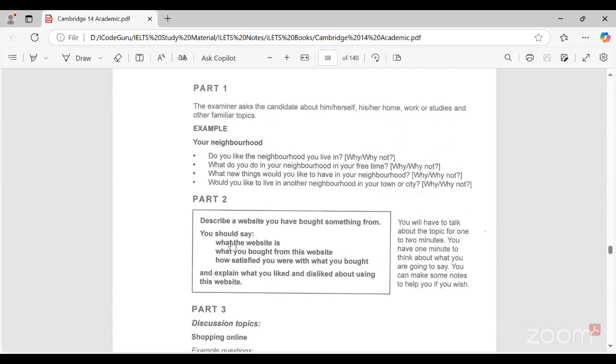What new things would you like to have in your neighborhood? So this is the next question. Who would like to answer this question? Anyone who would like to give the answer to this question? Okay, are there any ideas, issues, or anything else while answering this question?